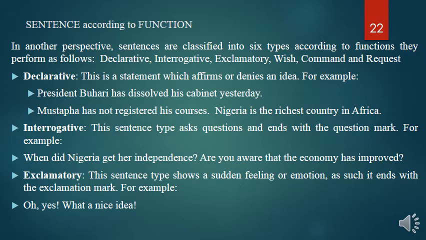An exclamatory sentence is a type of sentence that shows a sudden feeling or emotion. As such, it ends with the exclamation mark. For instance, oh yes, what a nice idea. All these are exclamatory sentences.